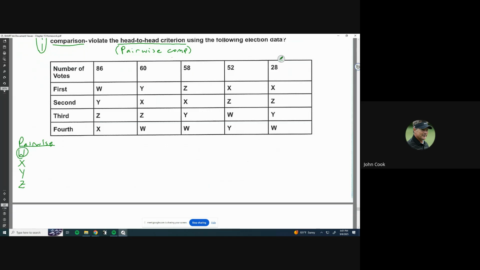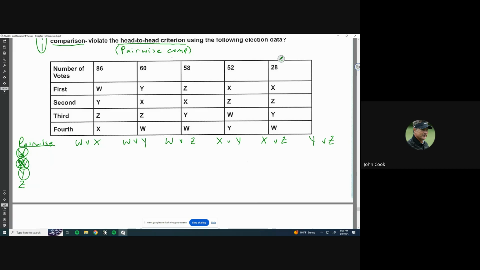W goes against all the others: W versus X, W versus Y, W versus Z. Then X versus Y, X versus Z. And Y versus Z is the last one.